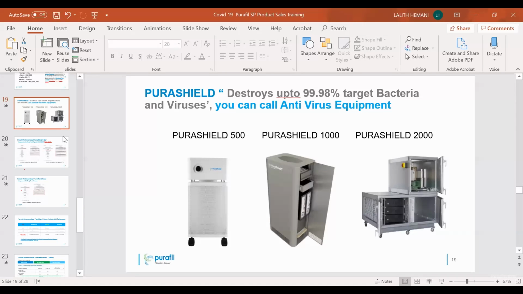If it is very close, you have to go with multiple equipments. Personally, if I get a chance to go with 2,000 or 500, I will install multiple 500 instead of 2,000.